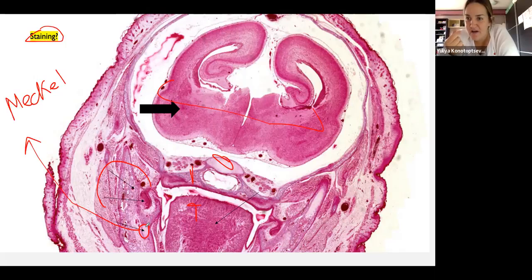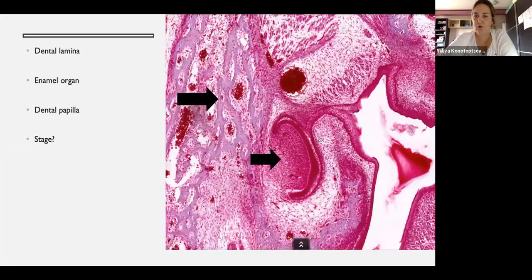If it ossified, this would be endochondral ossification. In the face, we don't have endochondral ossification; we only have intramembranous. So this cartilage should disappear. The mesenchyme around this cartilage should become mandible. It's a very confusing process, but we'll talk about more details in embryo. Okay, there you go.